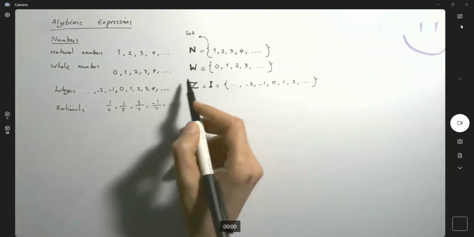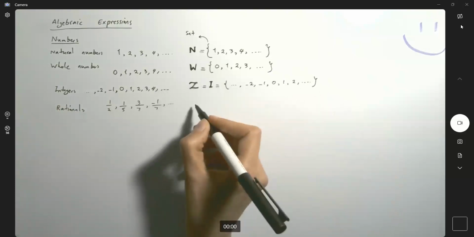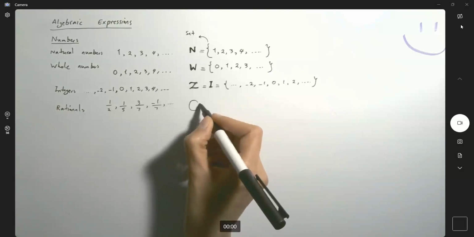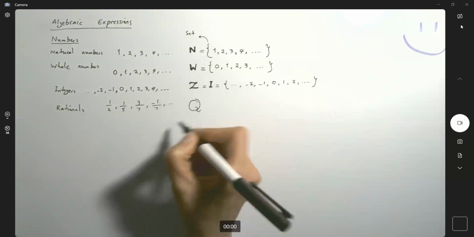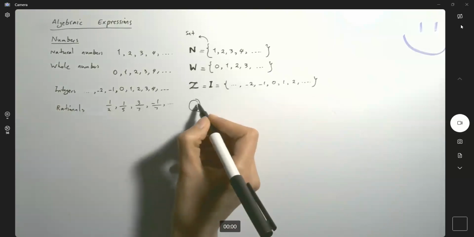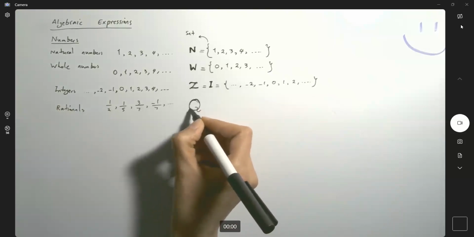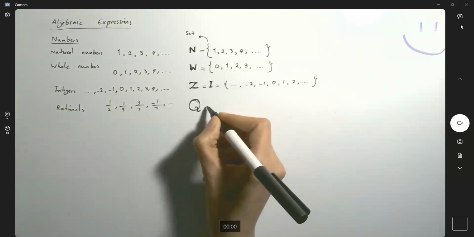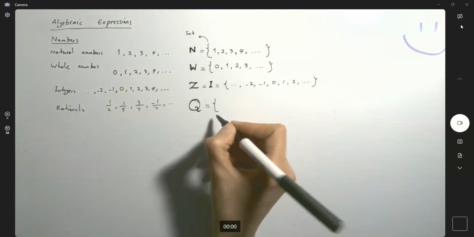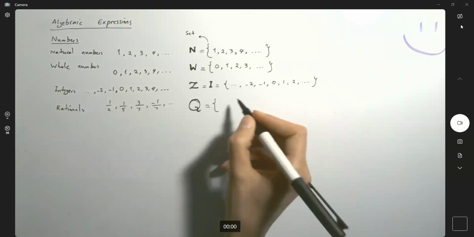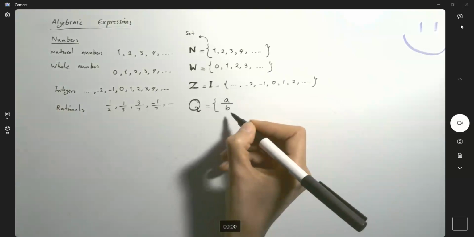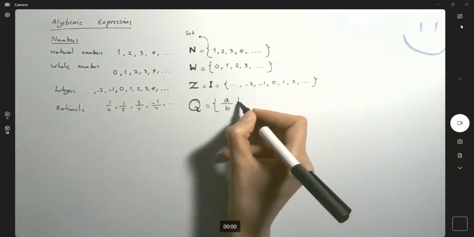So instead of listing them this way, we're going to use a nicer format, set definition, to represent rationals. We're going to use Q, bolded letter Q, to represent rationals. This is equal to the set of all fractions. Well, fractions are denoted by A/B. Well, what is the condition?